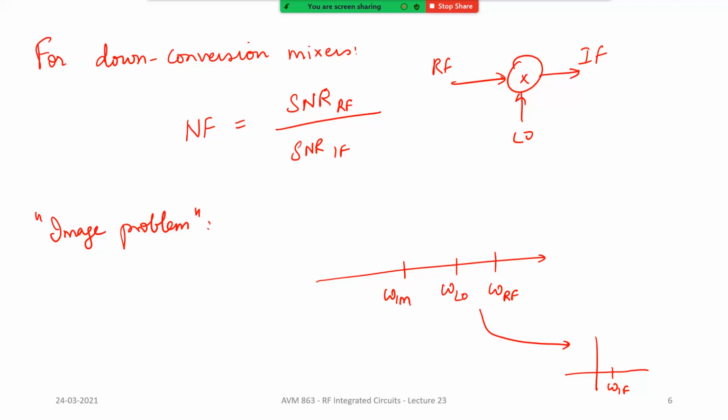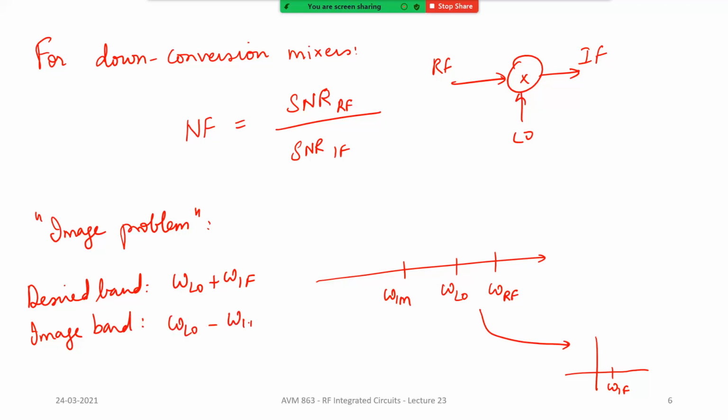If your desired band is omega LO plus omega IF, then the image band becomes omega LO minus omega IF. If this is plus or minus, it becomes minus or plus omega IF. So this is the image problem.